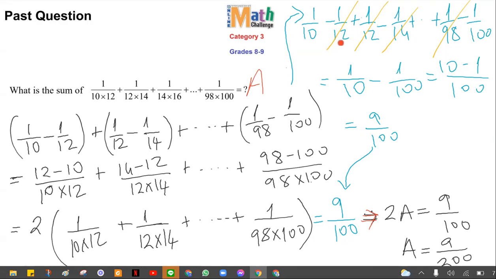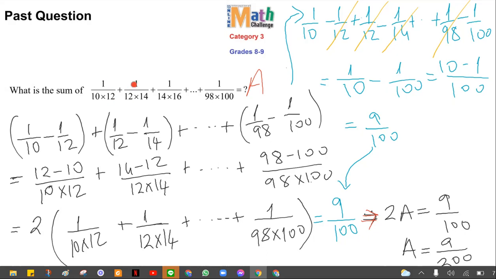After we remove all the brackets, we see 1/10 minus 1/12, first bracket, second bracket, and it continues. Look, these two cancel, and the next two will cancel too.